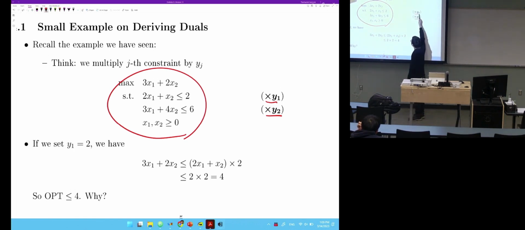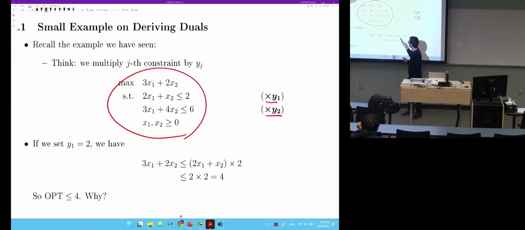Imagine that I multiply y into the constraint on both sides. Suppose that I set y1 to be 2. Then if I multiply this constraint by 2, I get this thing multiplied by 2.